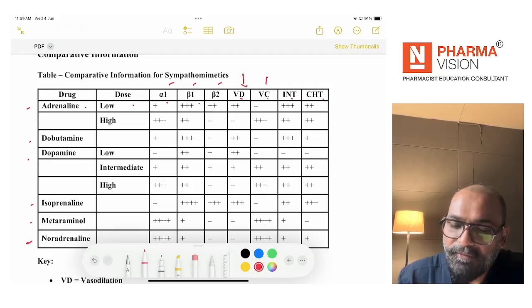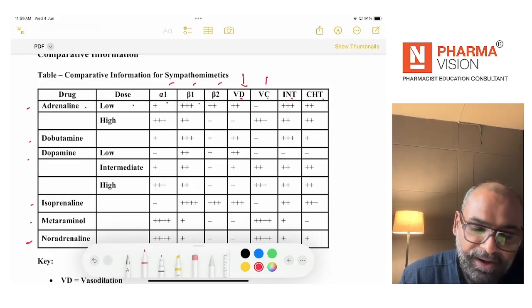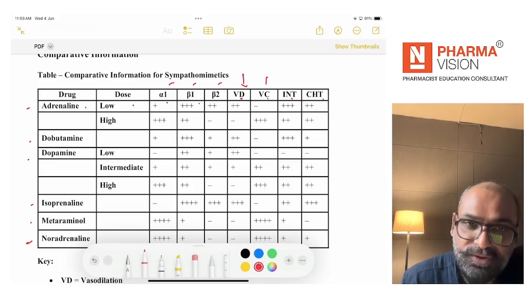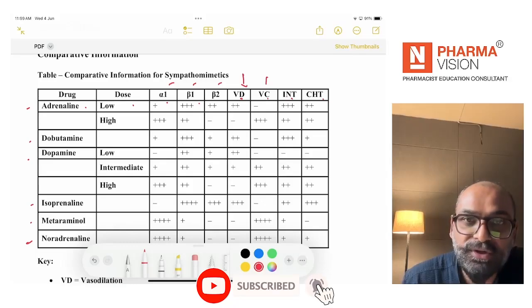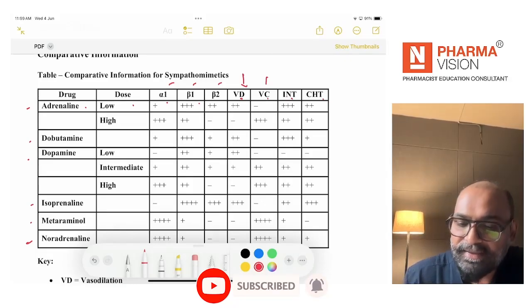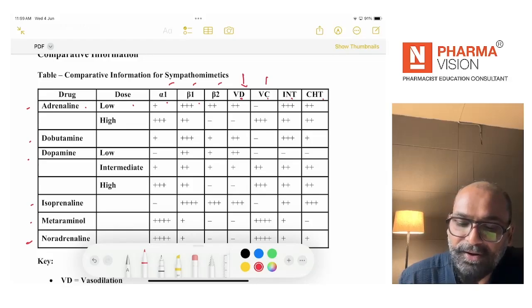Okay, vasoconstriction and vasodilation. Look, comparatively, when we are looking at adrenaline at low dose, alpha 1 is 1 plus and beta 2 is 2 plus. That means beta 2 mediated peripheral vasodilation is dominant. Vasodilation is dominant. That means we are getting a vasodilatory effect.